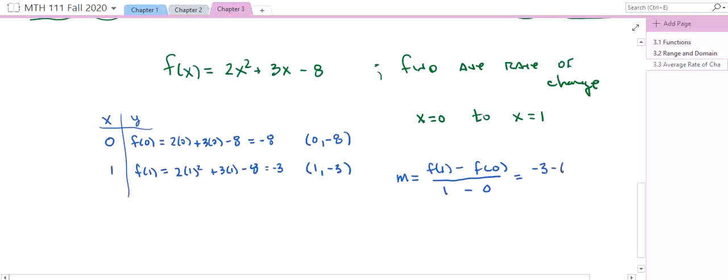Minus 3 minus a minus 8, divided by 1 minus 0. So this turns out to be minus 3 plus 8, which is 5, over 1 equals 5. So the average rate of change between these 2 points is 5.